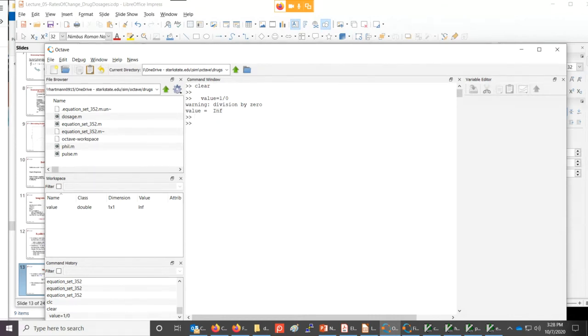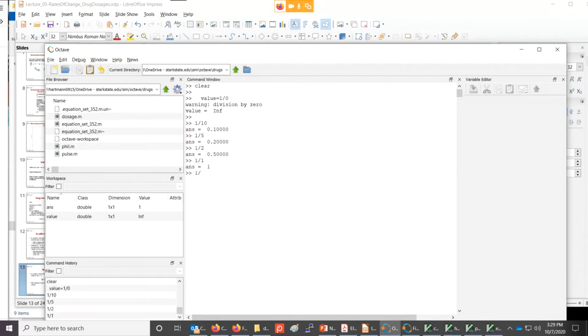But if you take 1 divided by 10, of course you get 0.1. If you take 1 divided by 5, you get 0.2. Right? If you take 1 divided by 2, you get 0.5. If you take 1 and divide it by 1, of course you get 1.